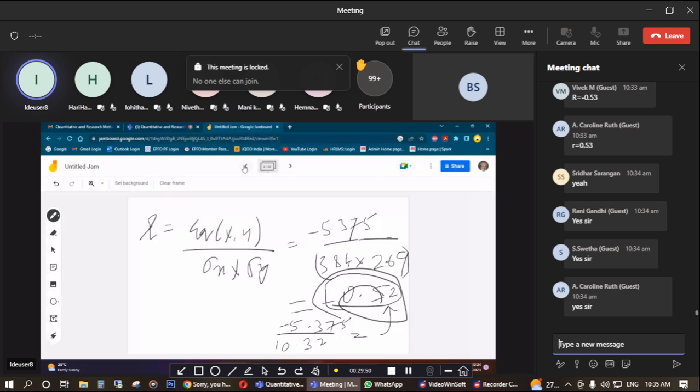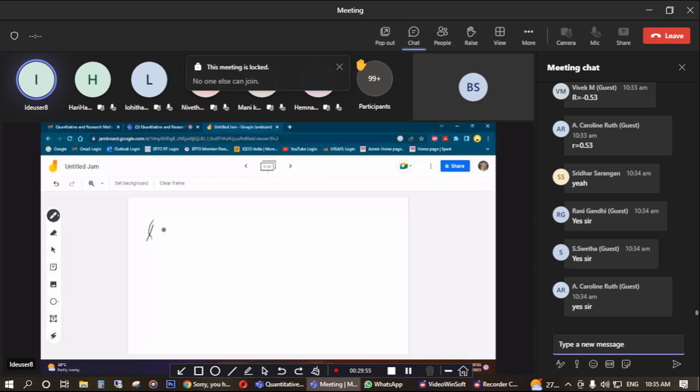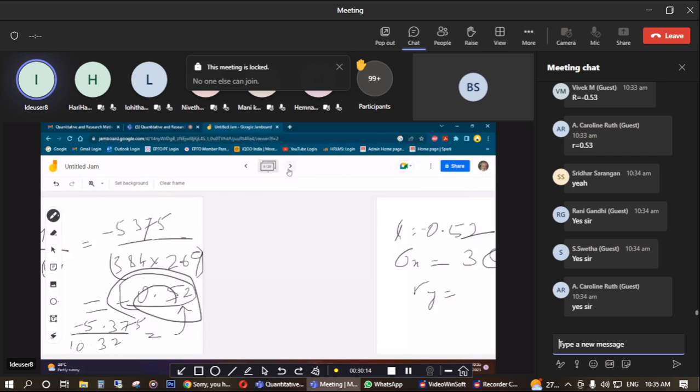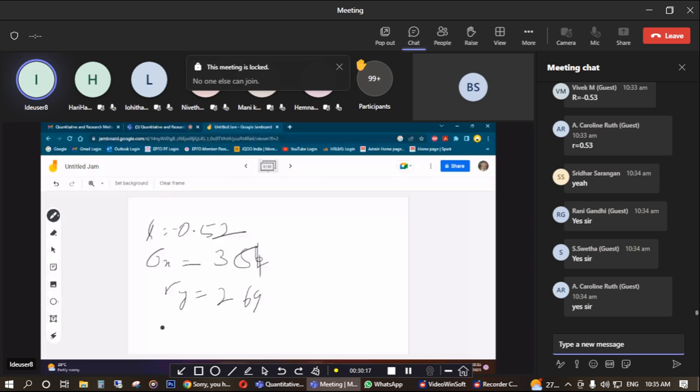Then sigma y value is 2.69. You got the x bar value as 5.75, and the y bar value as 4.5.